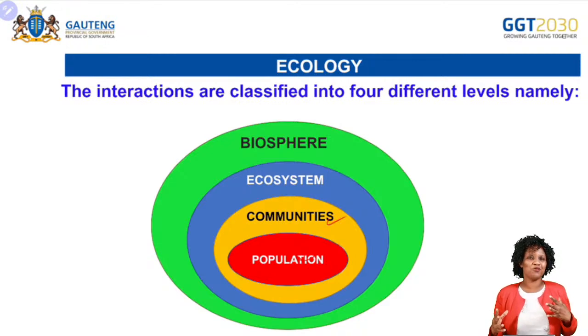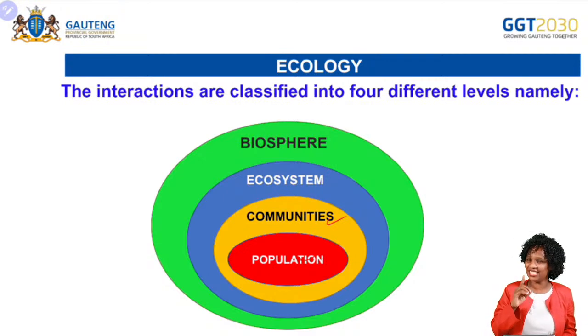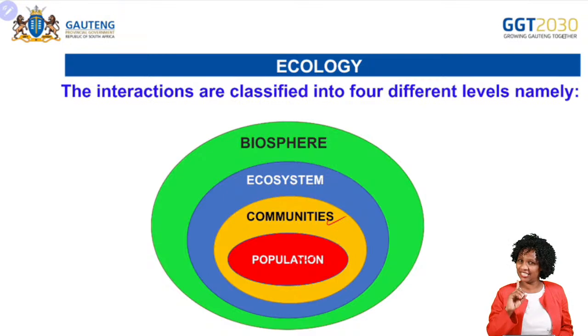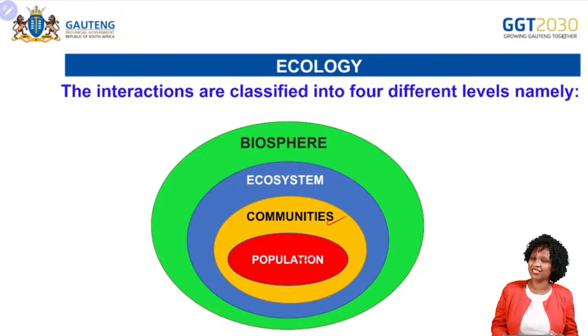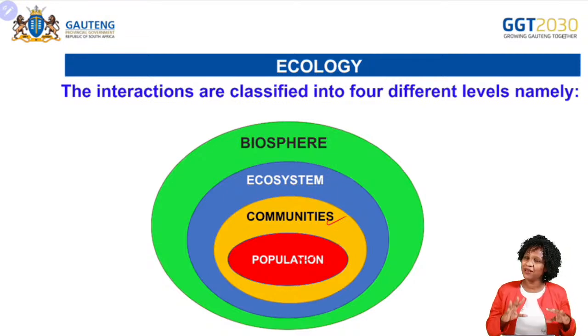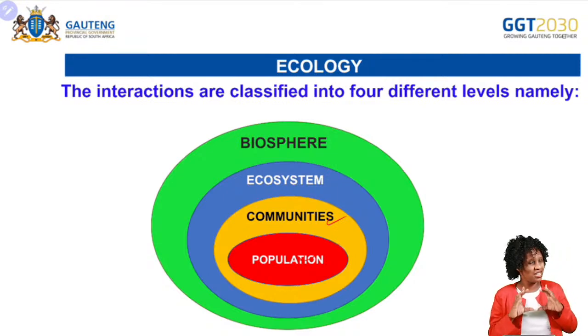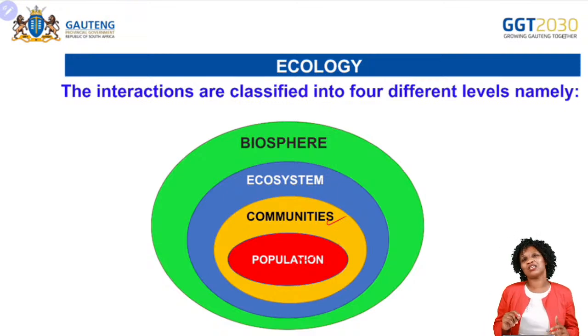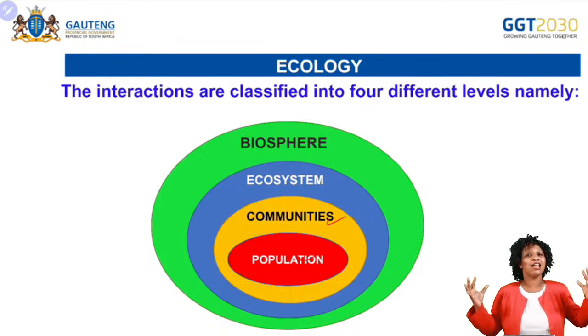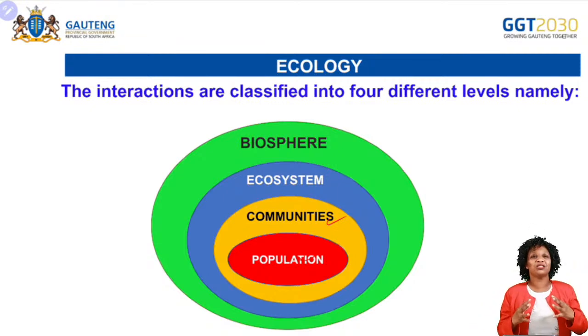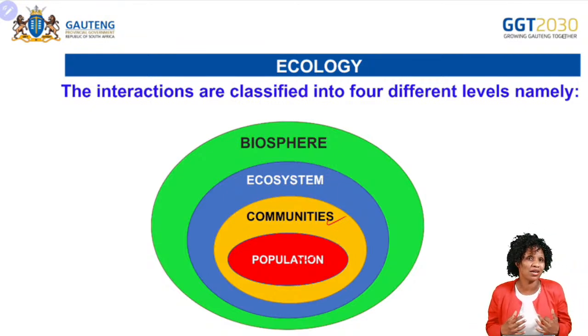All right. And then we've got communities. When we're talking about communities, do you remember what you said about communities, grade 8? All right. Communities, it is different populations living in the same environment. Different animals sharing the same environment. Most of the time, the drawing factor is water. If there is a river, it's likely that you can come across a population. You get that? Because animals will be drawn to the river because they want to drink water.